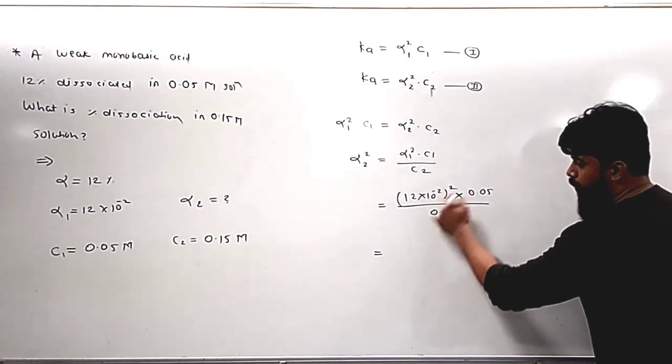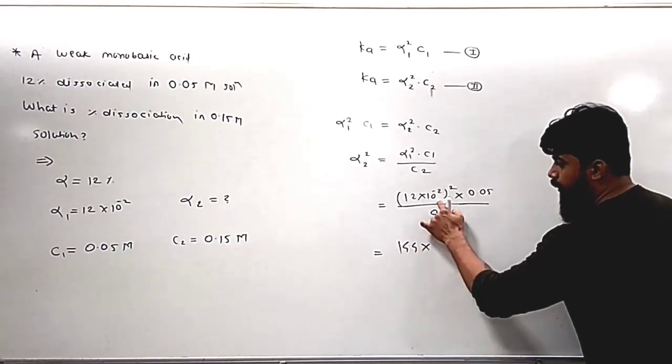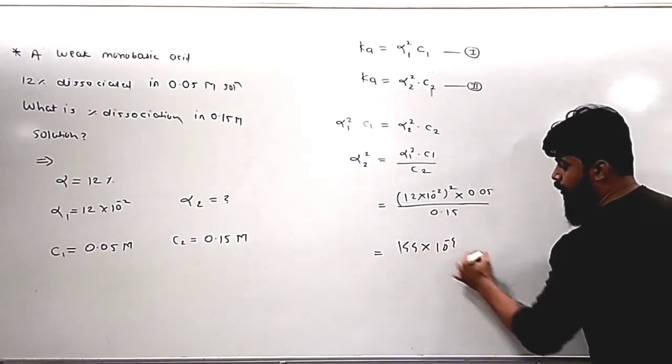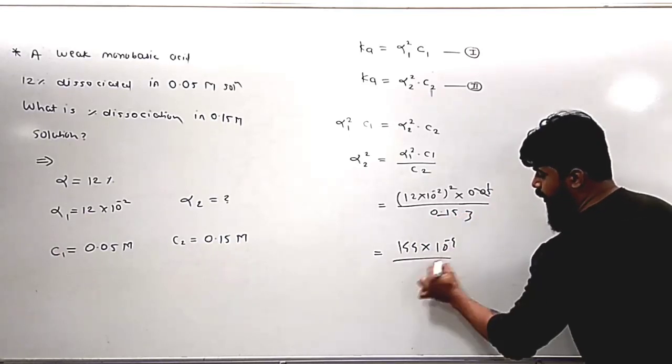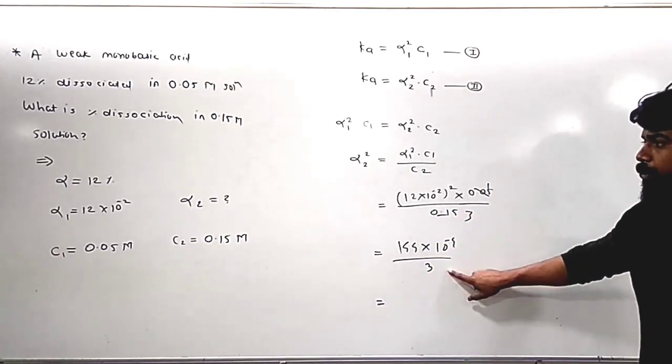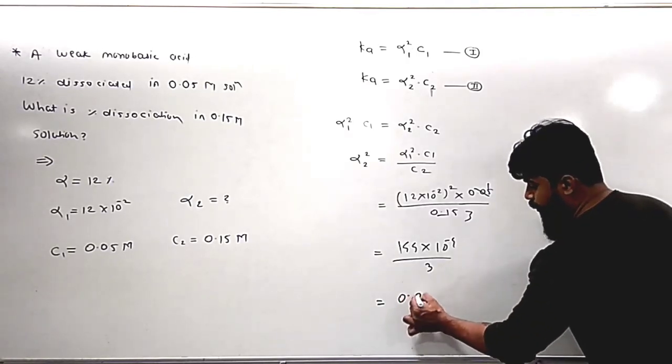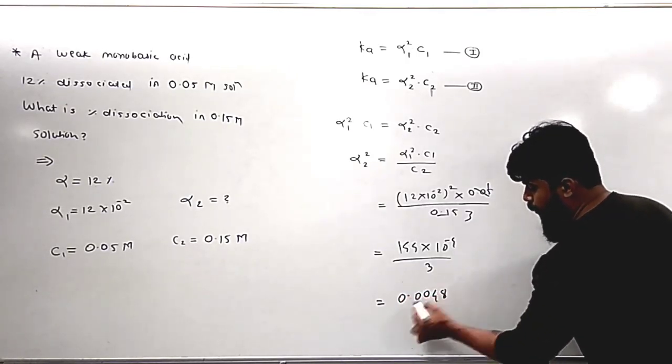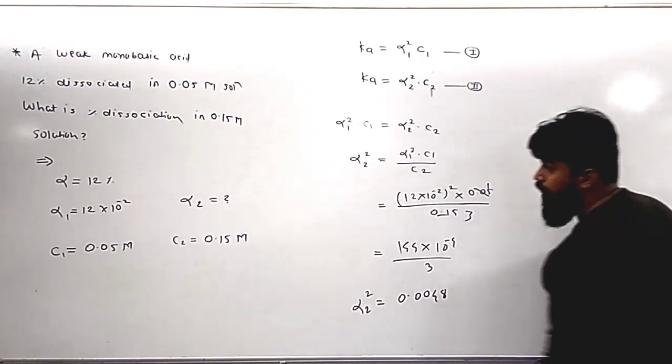So 144, 10 raised to minus 4, and 1 and 3 divided. When we solve this one, we get the value of alpha 2 square as 0.0048.